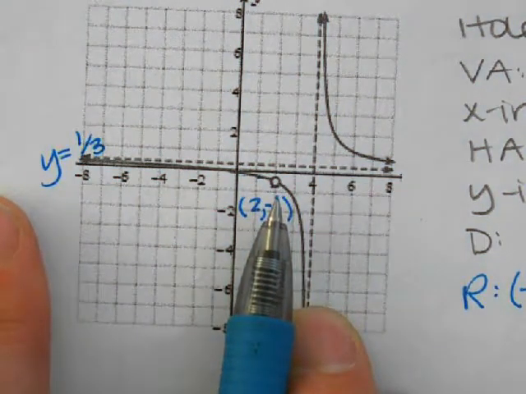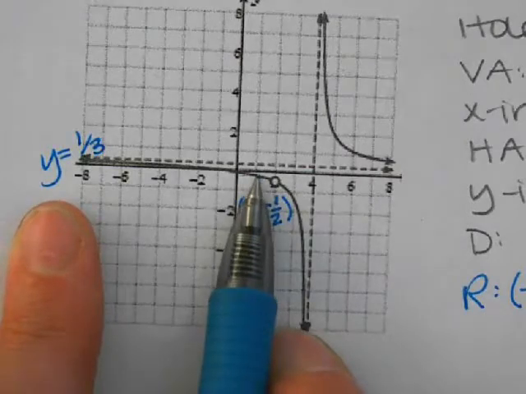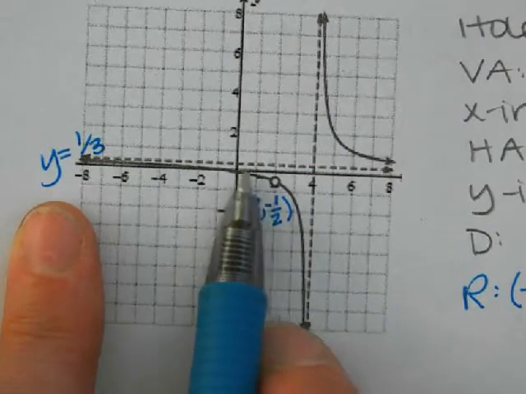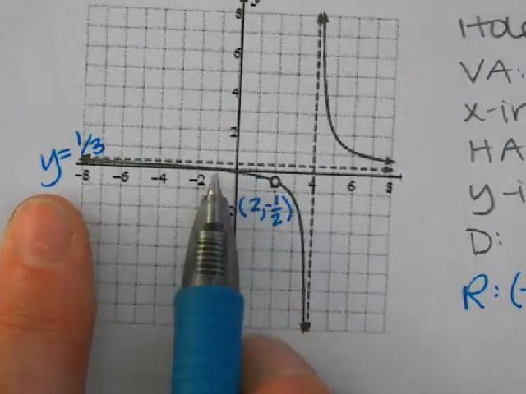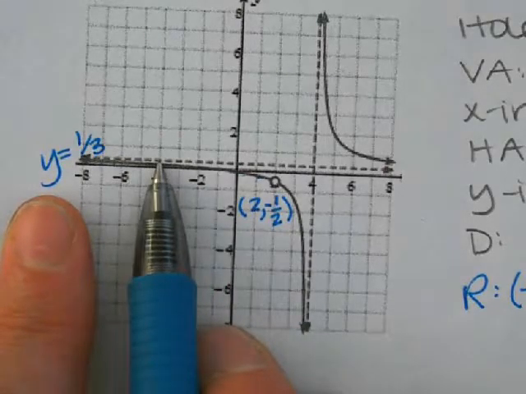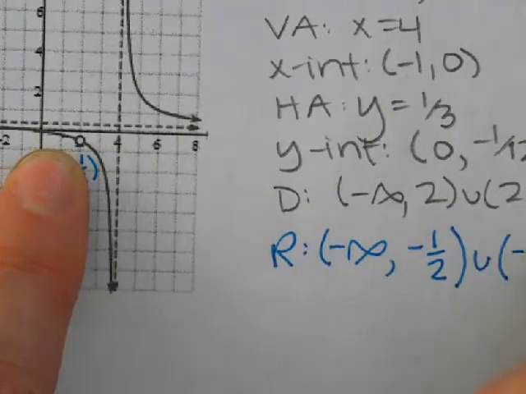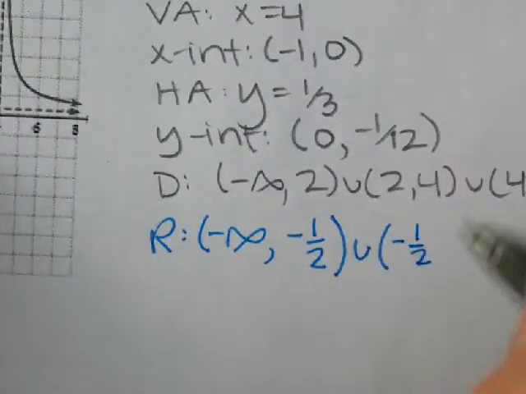This is a y value of -1/2. We don't have that. We do have a y value of -1/4. We do have a y value of 0. And we have these little itty bitty y values over here, but then we hit that asymptote and we do not have that y value. So we're going to say our next little group of y values would be from the hole at -1/2 to the asymptote of 1/3.